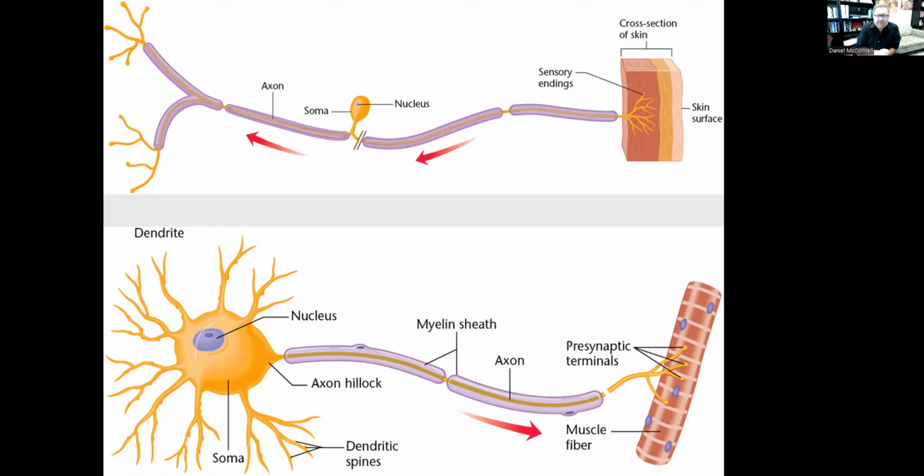So here are some depictions of, on top, a sensory neuron. The one on top here is for skin detection of touch, right? So we have sensory endings, in this case, free nerve endings embedded within the dermal layer of the skin, the subdermal layer really. And any pressure on the skin will bend and deform or stretch the skin, which then bends and deforms those nerve endings, which is then detected as a signal, right?